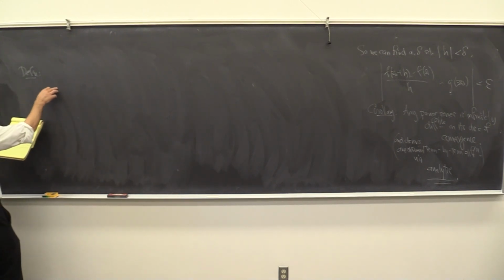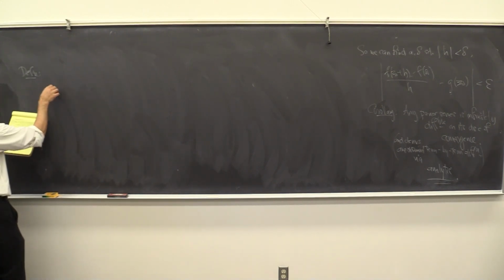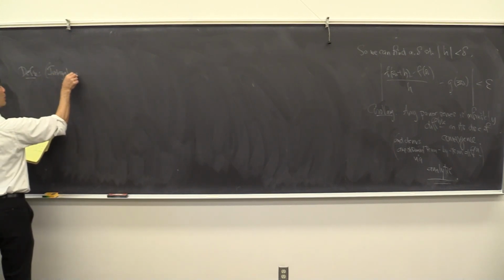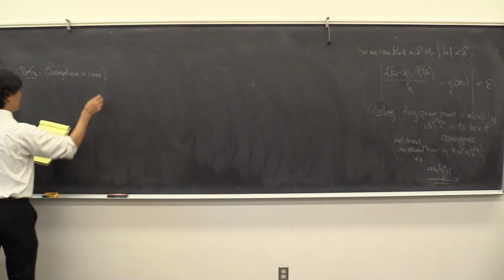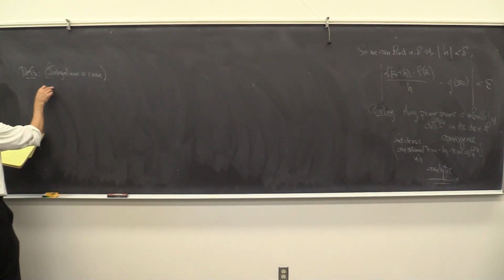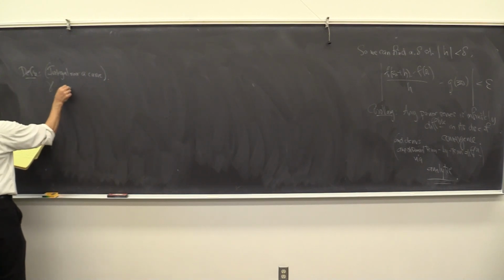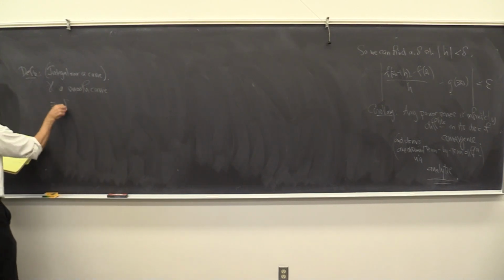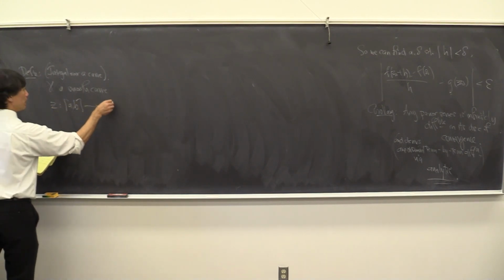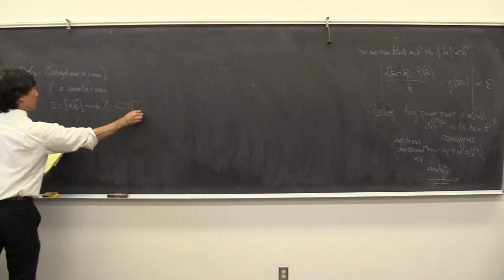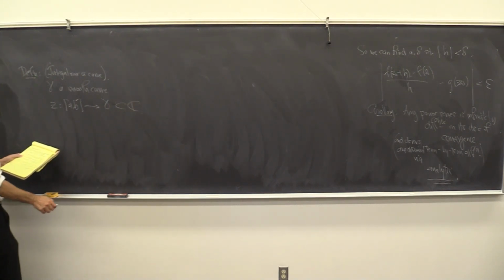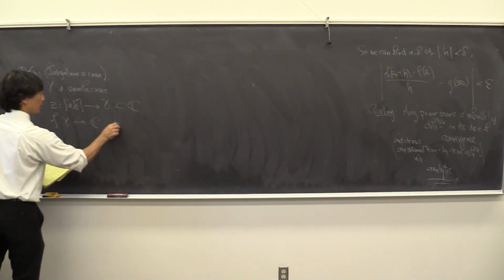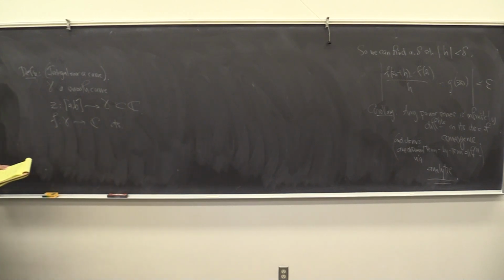Okay, so the integral over a curve. You have some smooth curve gamma. You have some parametrization z, and you have a function that's continuous on that curve.